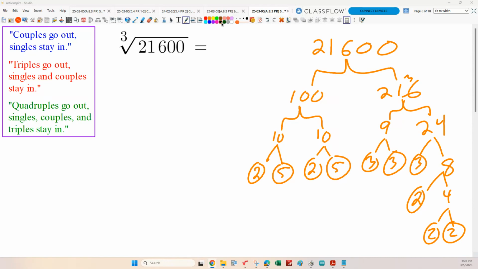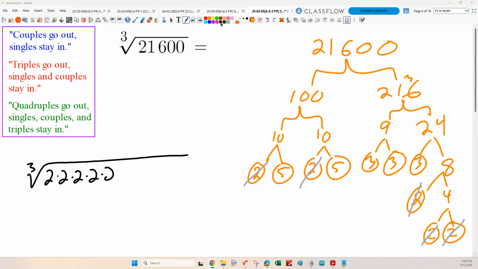So we get then the cube root of, let's cross these off as we go. How many 2s? 1, 2, 3, 4, 5. Okay, how about 3s? 1, 2, 3.